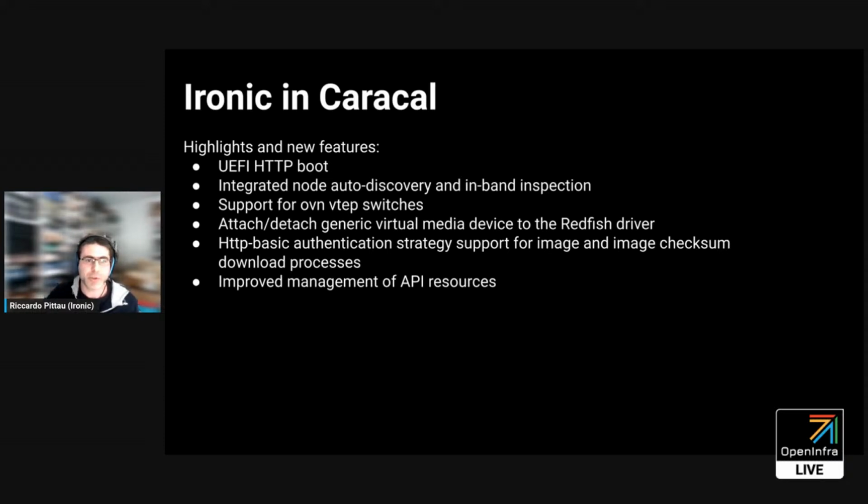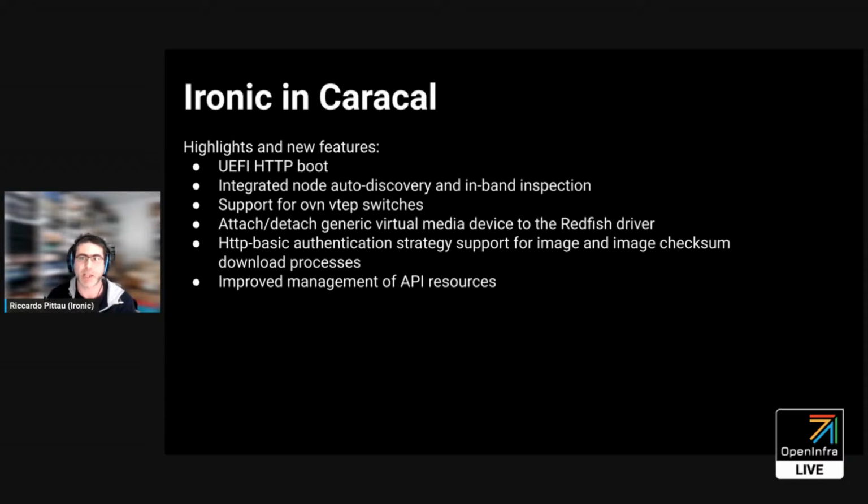The second feature is the integrated node auto discovery and inbound inspection. This is in the line of simplifying and unifying the Ironic and Ironic Inspector services. As part of the inspector functionalities integration in Ironic, we've added auto discovery and inbound inspection.